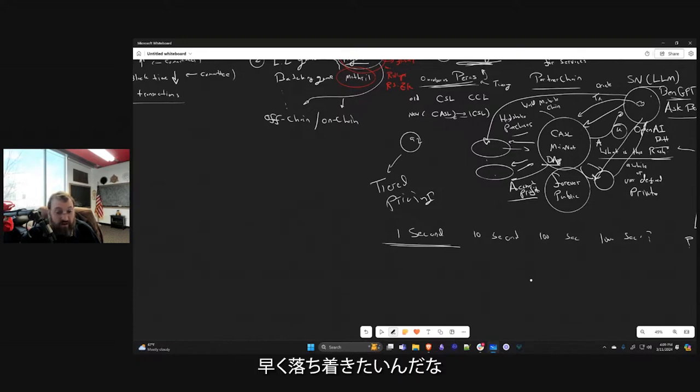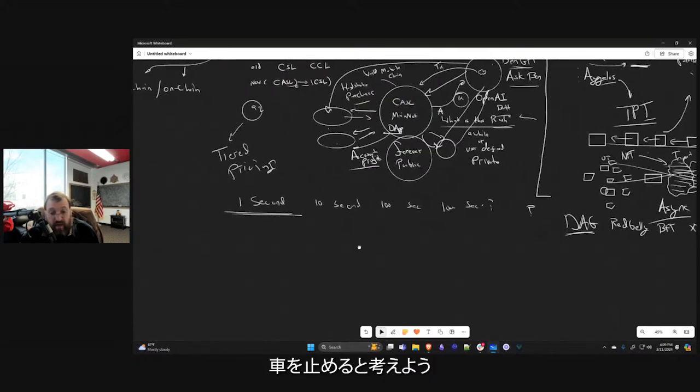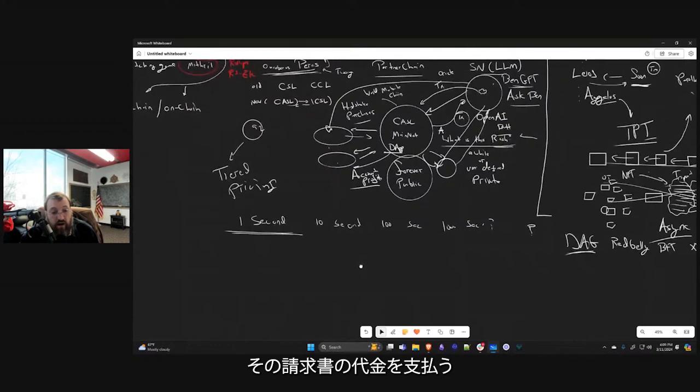You want it to settle quickly. Let's say that you are parking a car and you're paying for that receipt. Maybe the 10 or 20 second range, not too bad. Let's say that you're at a restaurant and you give your credit card, and maybe the 100 seconds is not necessarily a problem because you're sitting there drinking your coffee.